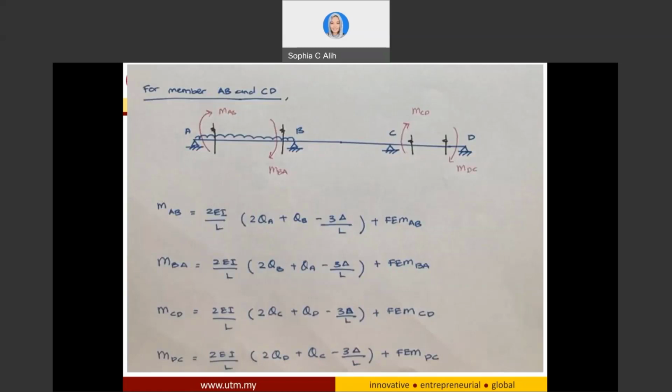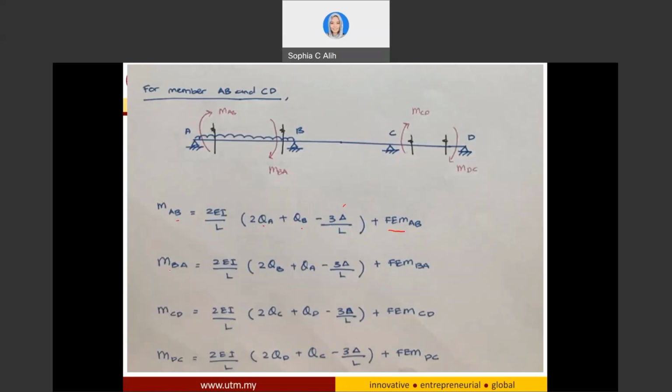For span AB and span CD, you can always use the same equation that you already have derived for the moment due to member rotation and moment due to support settlement for the span AB. So just look into here. End moment of AB is going to be 2 theta A plus theta B minus 3 delta over L plus FEM AB.